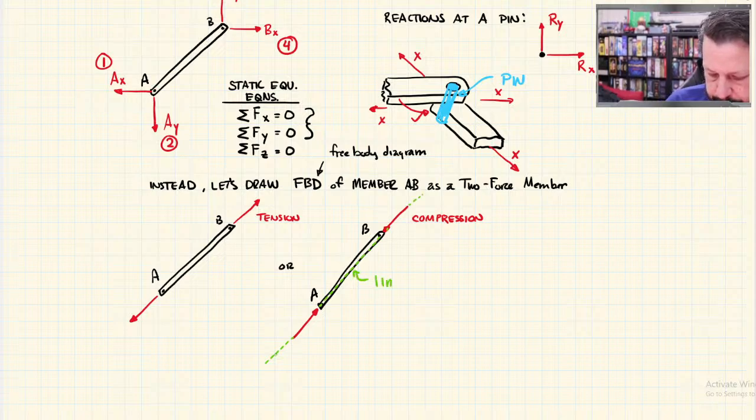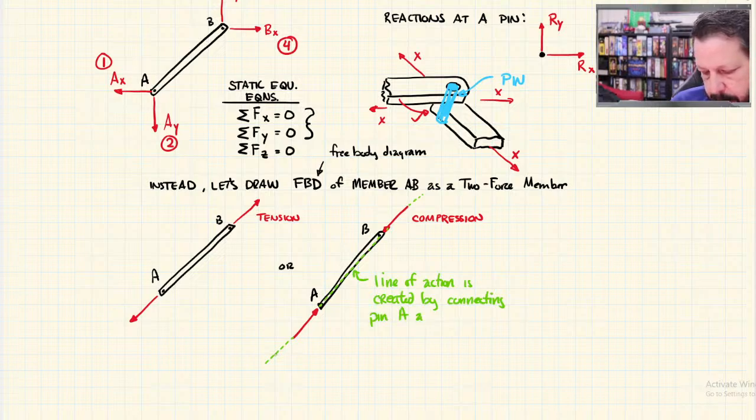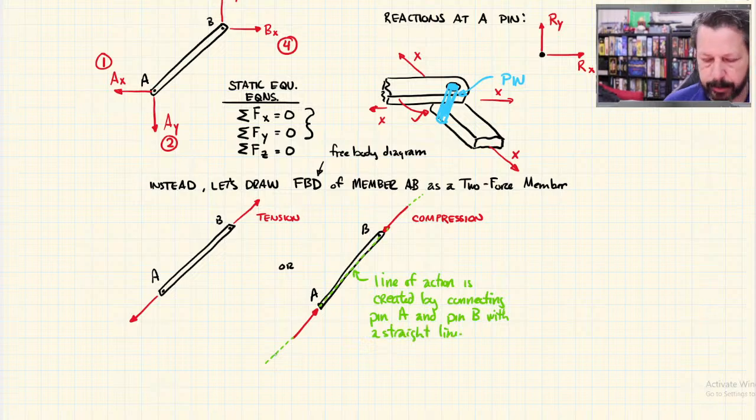The line of action is created by connecting pin A and pin B with a straight line. So it's connect the dots between the two pins.